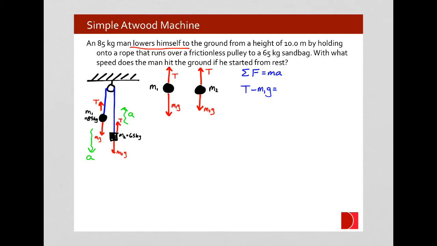We said that acceleration is downward for the man, it's upward for the block, and so if we want mass times acceleration, what we're going to do there is to negate that, so that here we have the magnitude of the acceleration. That's the direction of the acceleration. Because they are constrained to move together, their value of the acceleration has to be the same, but the direction doesn't have to be the same, so that's why we want to decouple the magnitude and the direction.